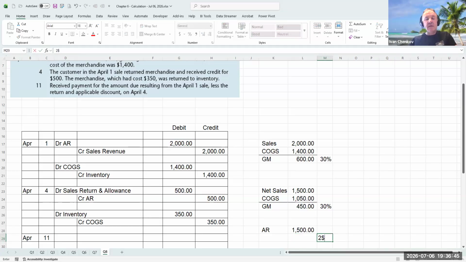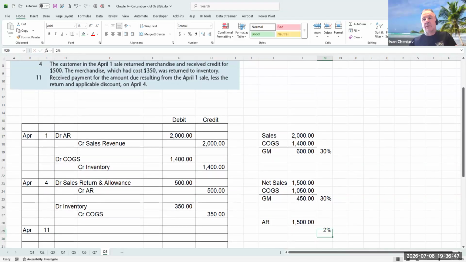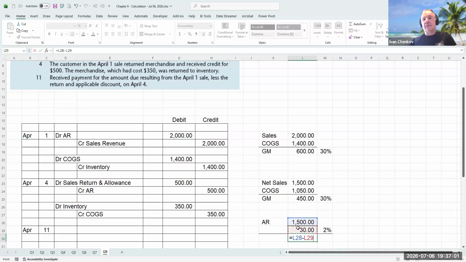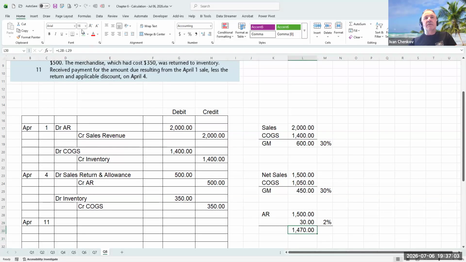The 2% that they're gonna get is gonna be equal to 1,500 times the 2%, $30. So in reality, how much cash are we gonna see? We're gonna see cash of minus $30. 1,470 is the only cash that we're gonna see.